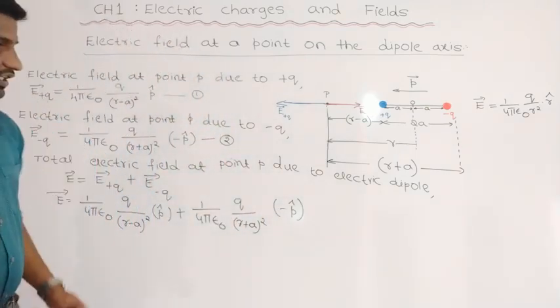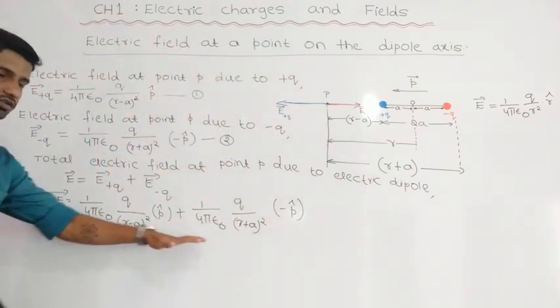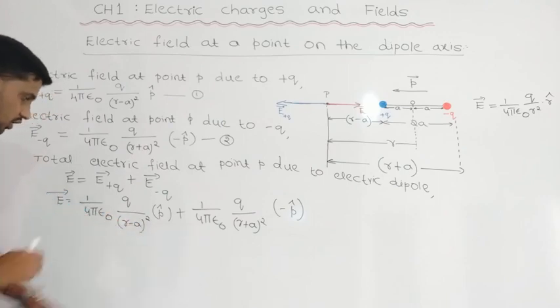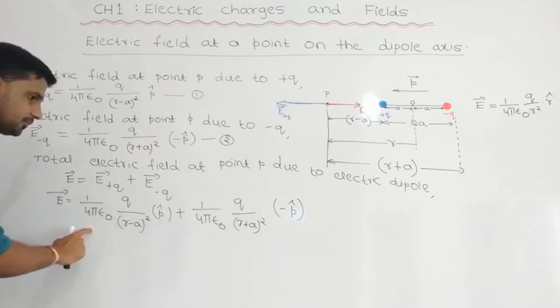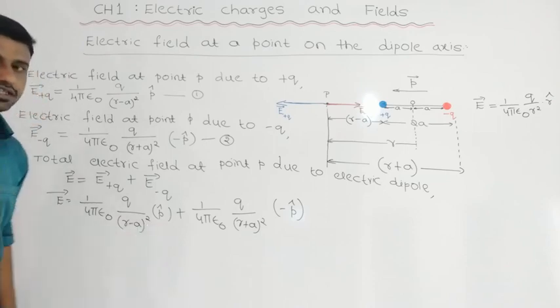If you observe, in these two terms Q divided by 4 pi epsilon naught and P cap are the common terms.